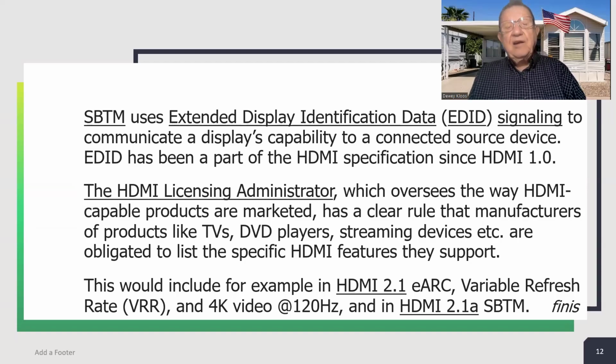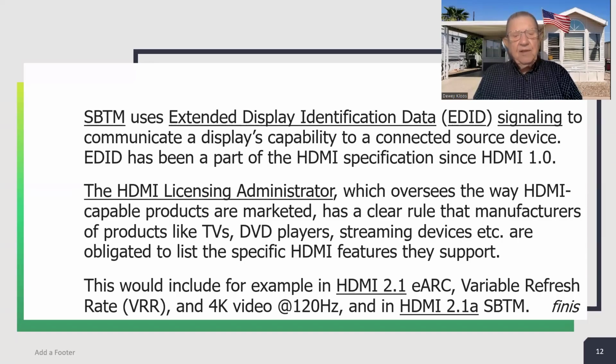EDID has been a part of the HDMI specification from the beginning, from HDMI 1.0. The HDMI Licensing Administrator, which oversees the way HDMI capable products are marketed, has a clear rule that manufacturers of products like TVs, DVD players, and streaming devices are obligated to list the specific HDMI features they support.